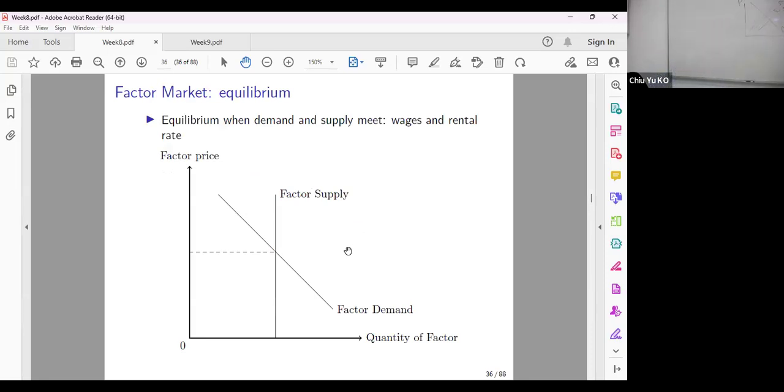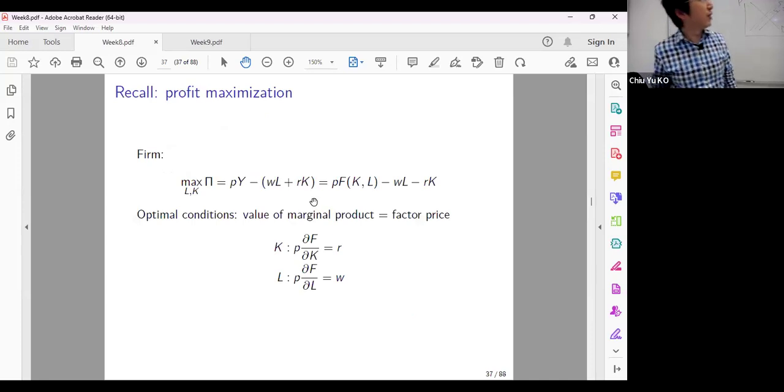This is just the marginal product of labor. Why? Because of the competitive market, how much labor you want to hire will be the same as how much they can produce. So that's the proof here.